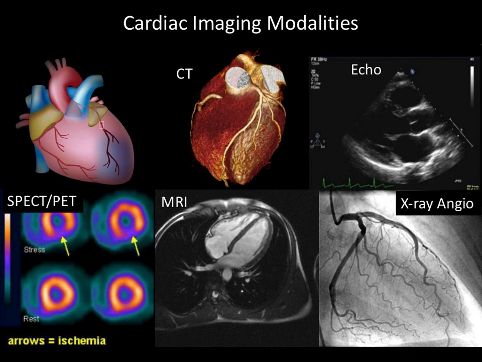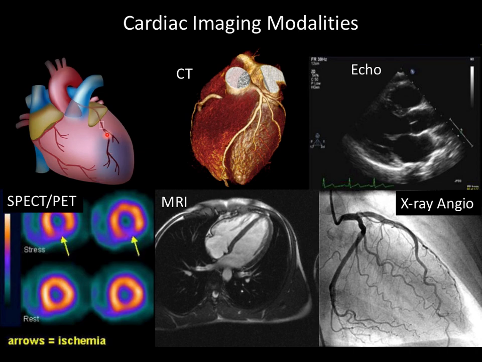All right. So here's basically a quick display of virtually all the imaging techniques we'll look at. And in the top left corner, this is just a cartoon of a heart, and this segment of the heart is the muscle in the left ventricle which pumps blood to the whole body.